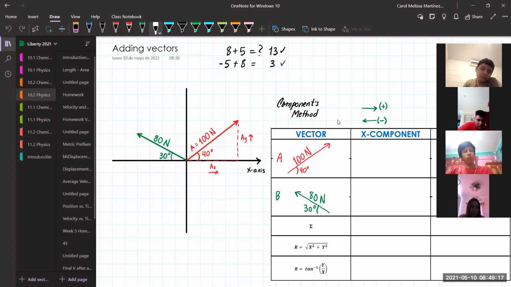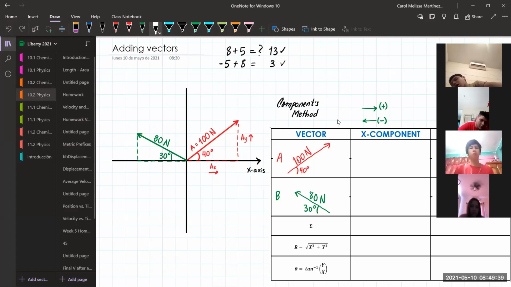Now, take a look at what I'm going to do. Remember what I told you in the last class about the angle and the vectors? I told you that we care about the position of the angle. So take a look at the vectors.